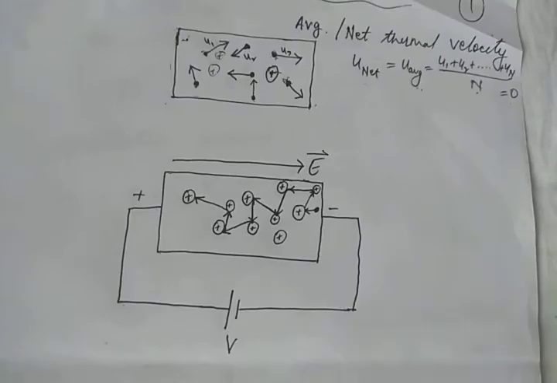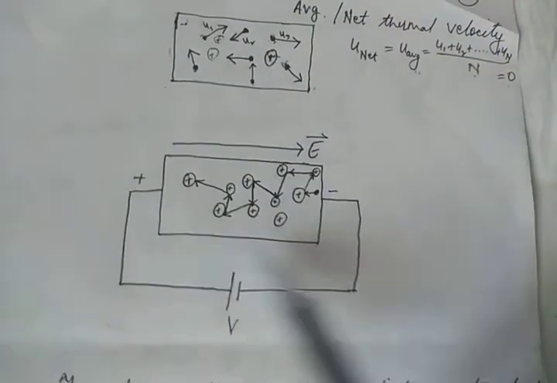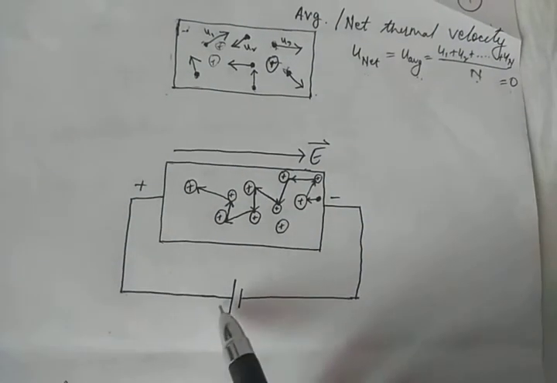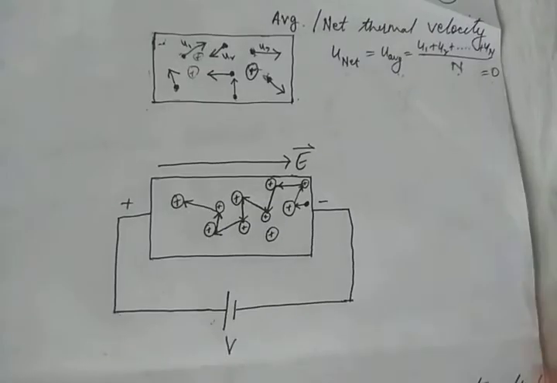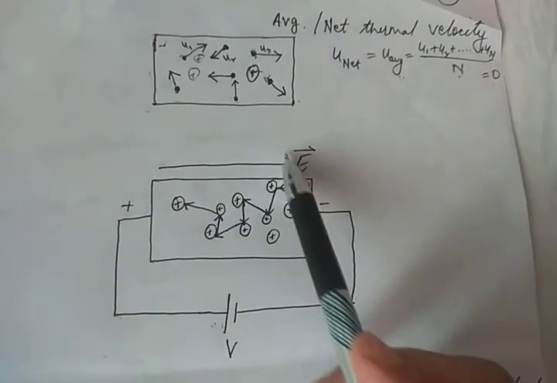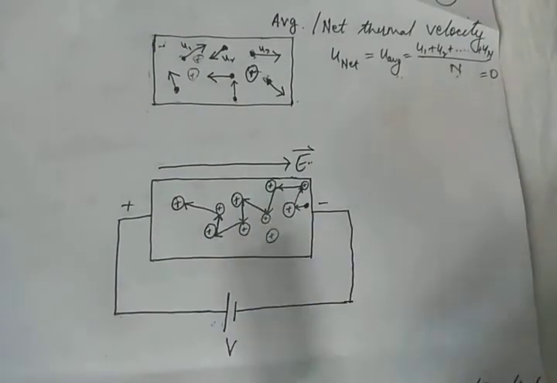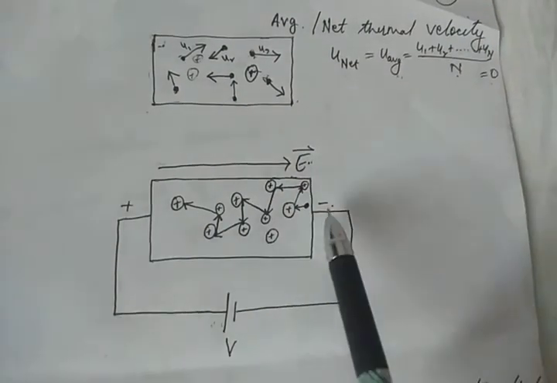Next, the same conductor, we now connect to an external power source, which is a battery, whose positive terminal is here and the negative terminal is here. When we connect this conductor to a battery, an electric field E is set up, directed from the positive terminal to the negative terminal, from the positive charge to the negative charge.